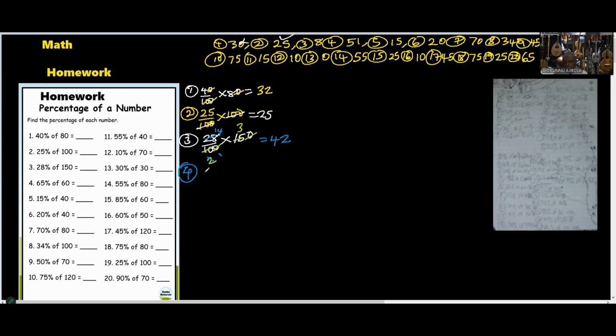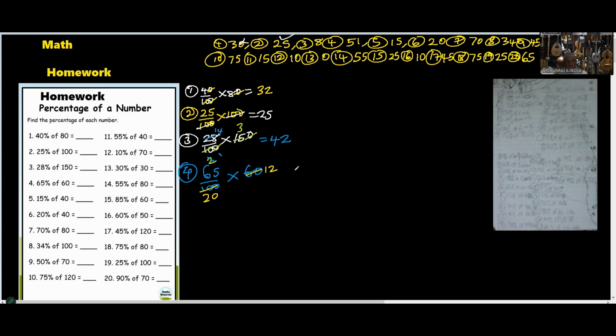Number 4, I have 65% of 60. So I can divide them out by whatever I can divide. So 5 can divide here, 20, 5 here, 12, right?